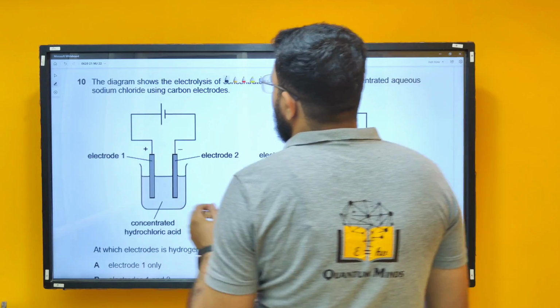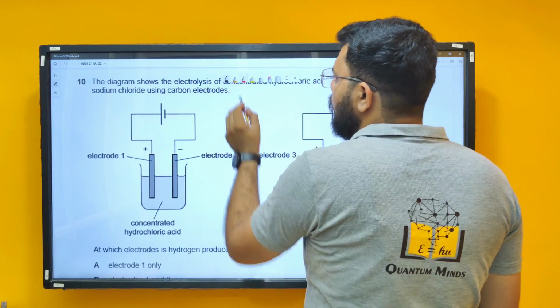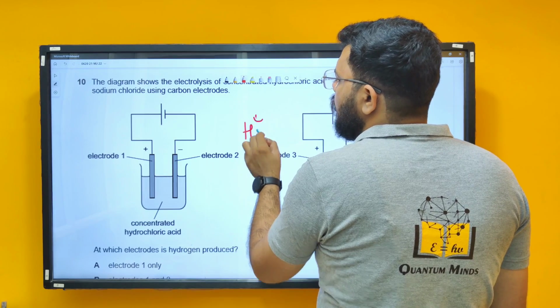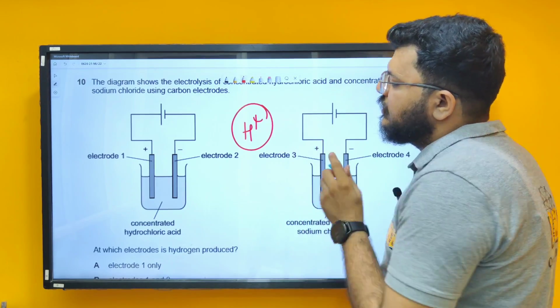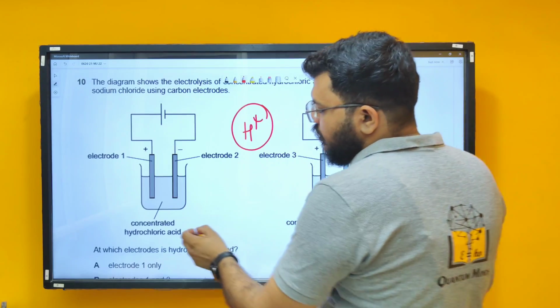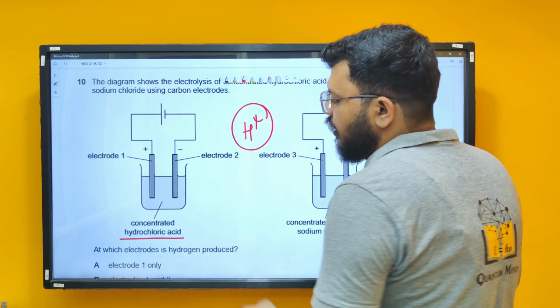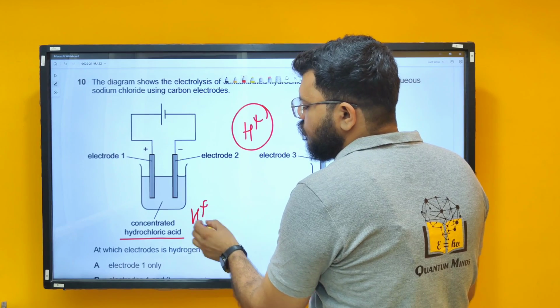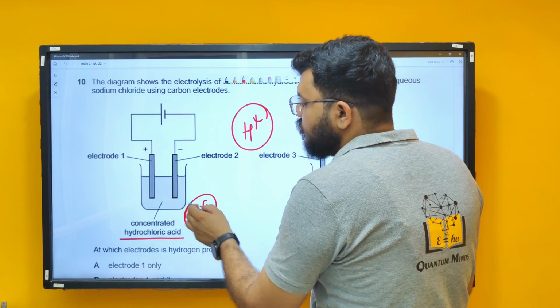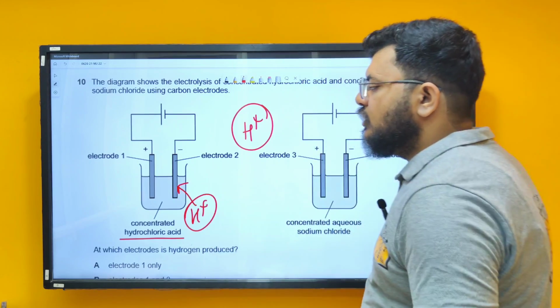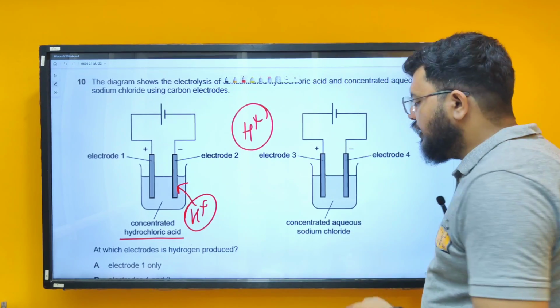So see, hydrogen gas is produced from the positive hydrogen ion. Positive ion is attracted to the negative electrode. So in concentrated hydrochloric acid, do you have H plus ion? Yes, you do, and it is the only positive ion, which goes to the cathode, right?